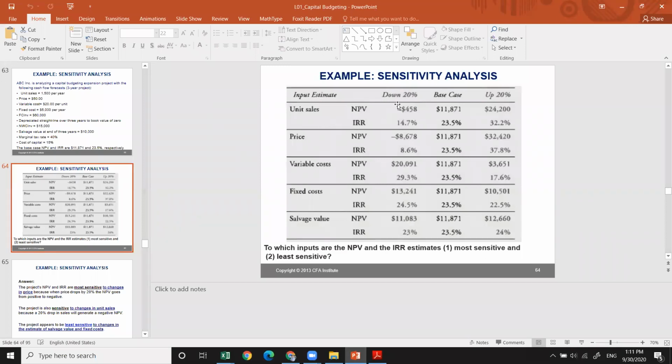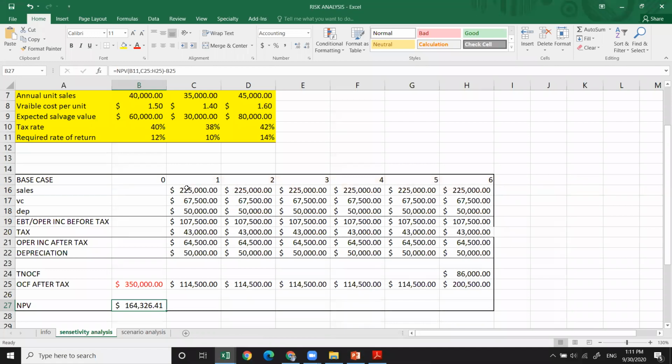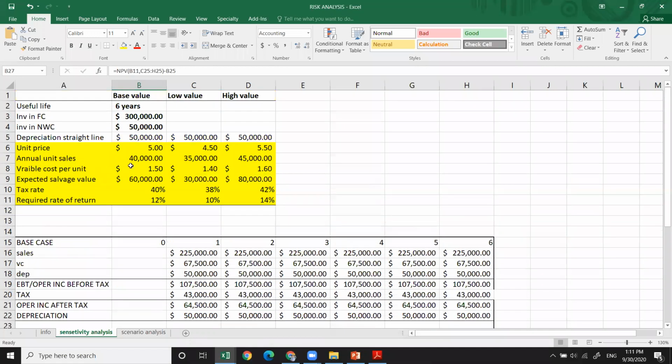So what they were doing, they decreased the unit sales by 20%. If you decrease the unit sales by 20%, like a low value, the annual sales decrease by 20%, like here.